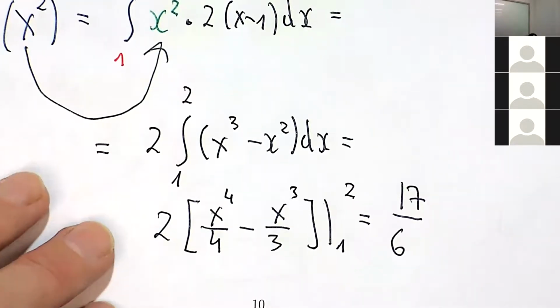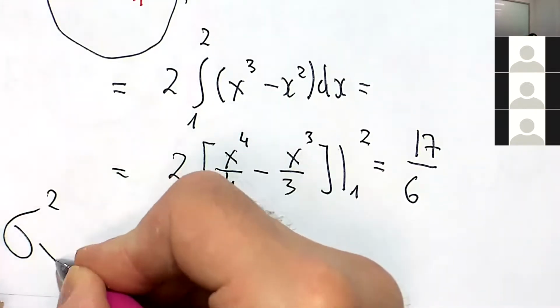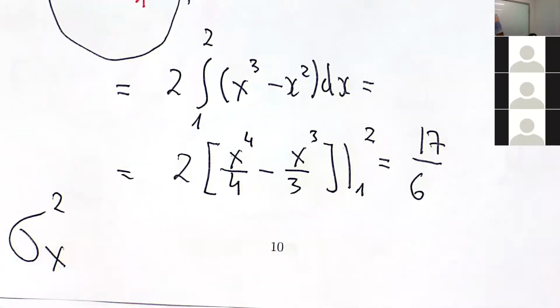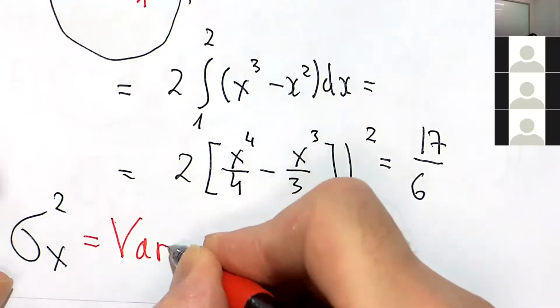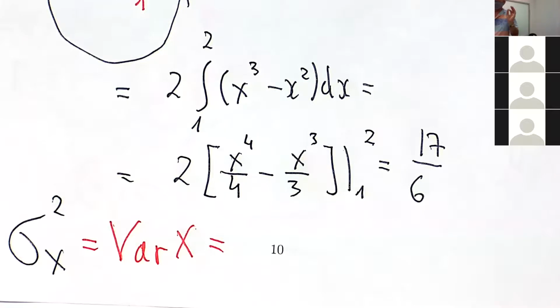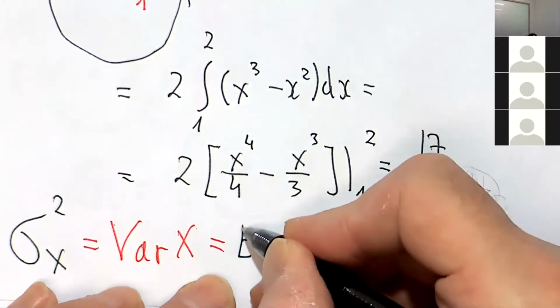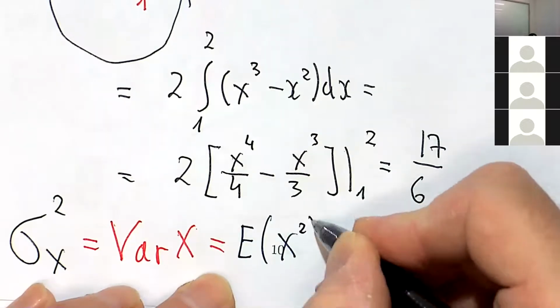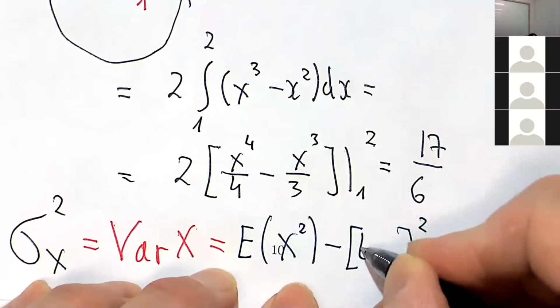So let me now find the variance finally. Variance of x, sigma squared x, is another notation for the variance of x. You must understand that there are two different notations for the same thing, which is the expected value of x squared minus the square of the expected value.